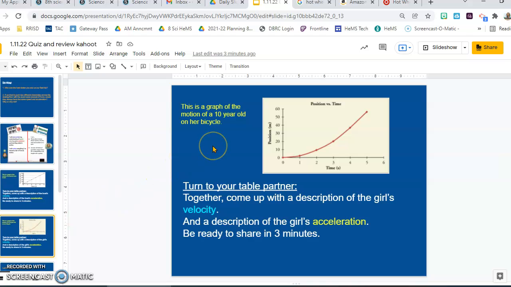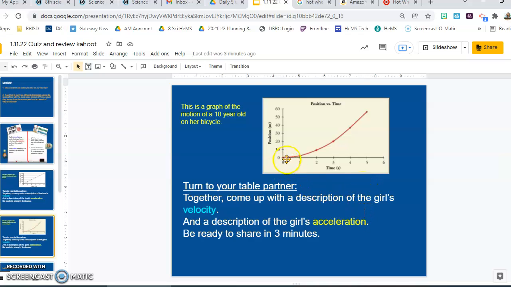This is the motion of a 10-year-old on her bicycle. We have our distance and our time. So position, so this is going to be a speed graph, okay? So let's talk about the velocity because we're also going to talk about which way she's going. So we come to the farthest point, 60 and 5. So 60 divided by 5 is 12.